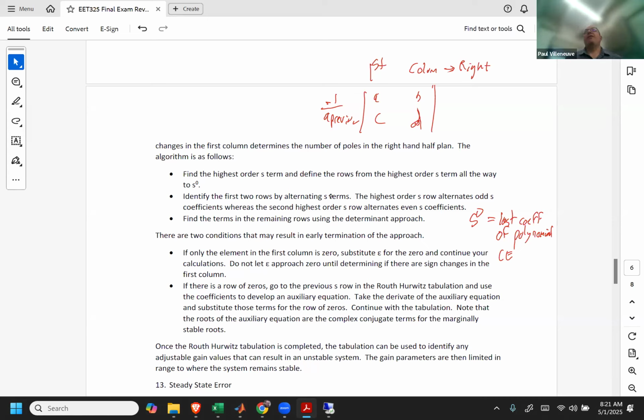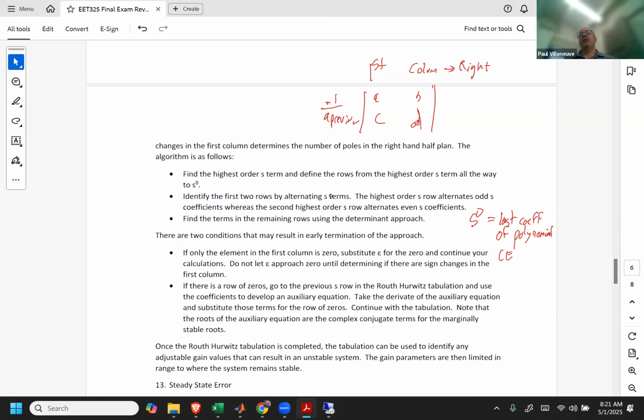I mean, the number of sign changes tells you the number of poles in the right-hand half plane. So if you have no sign changes, and technically 0 is not a sign change, then you could help define your values of K. The problem with Routh-Hurwitz is sometimes we terminate unexpectedly.